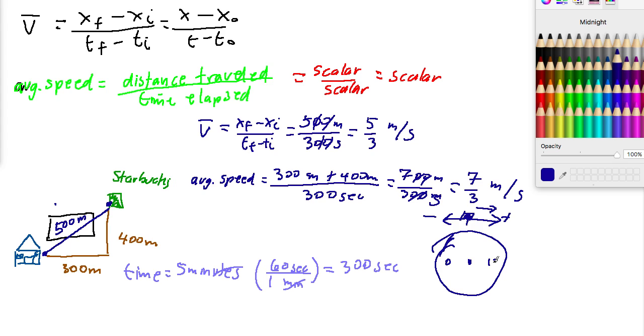Let's just say your car can only go to 100 mph. So this just tells you a scalar. Your speedometer only tells you a scalar because whether you're going forward or backwards, it only tells you a positive number. So that's a scalar. That's why it's called a speedometer, it tells you your speed. It doesn't tell you your velocity because it doesn't tell you direction. It's only a scalar and not a vector.